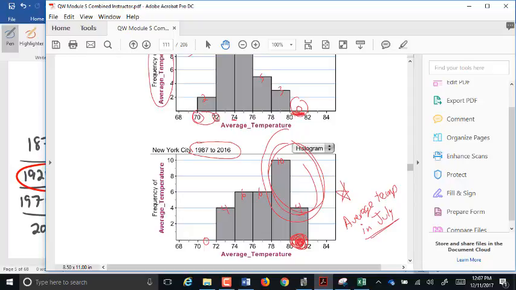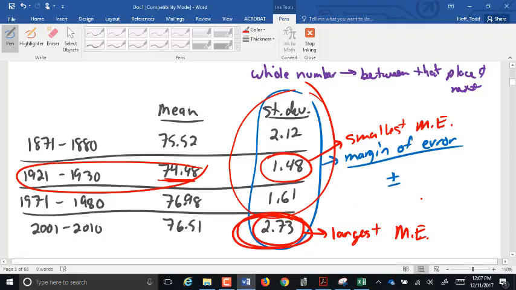But if that low temperature has gotten smaller, all that really shows is that the range of temperatures throughout the year has become larger rather than an actual increase. Because if you go back to that standard deviation, starting in the 2000s, that standard deviation got a lot larger. So that's saying the temperatures are fluctuating a lot more now than they used to.